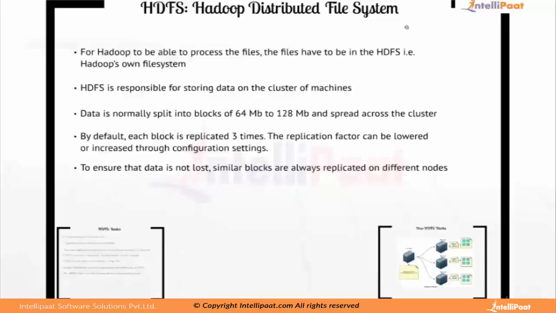Data is normally split into blocks of 64 or 128 MB and spread across the cluster. By default, each block is replicated 3 times and it's configurable. Now, logically, yes, to ensure data is not lost, similar blocks are always replicated on different machines. Why would you replicate same block on the same machine? Why would you take a backup of your laptop?